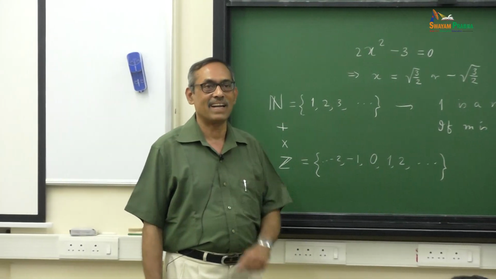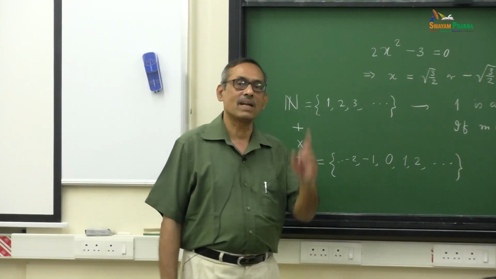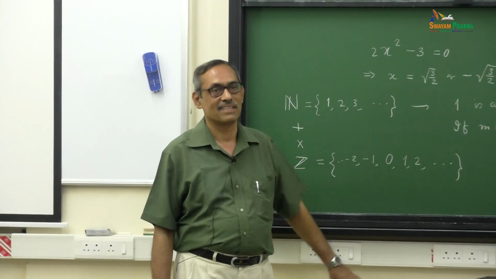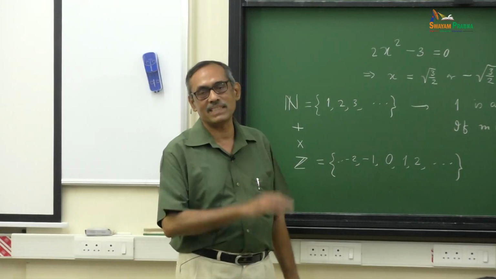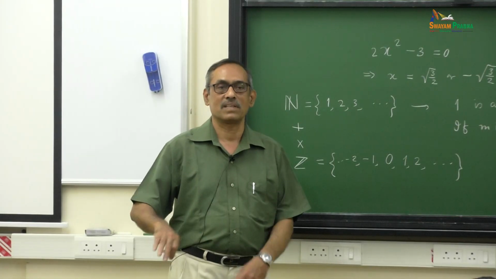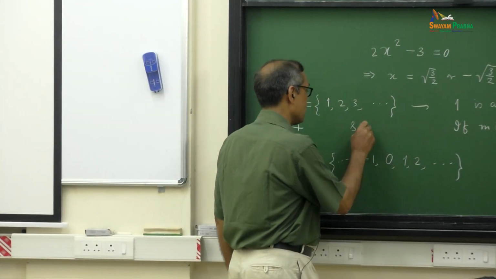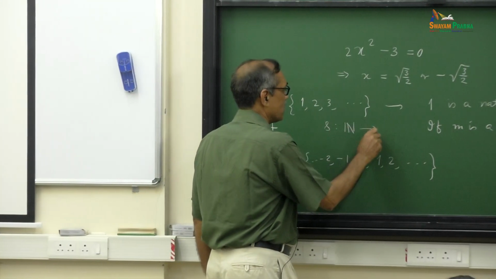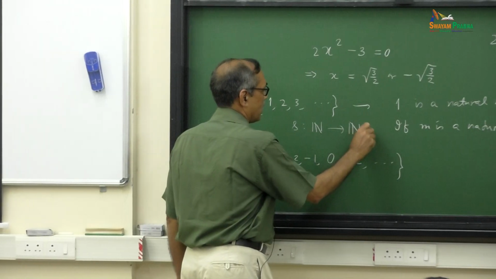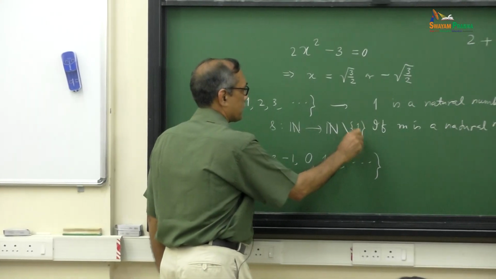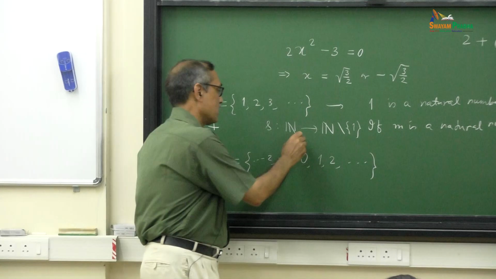Instead of that, what I will say? I will say 1 is a natural number. Start with that. Then I will say there is a function defined over natural numbers. It is S. So S is a function defined on natural numbers, to natural numbers minus 1. It is a bijection.